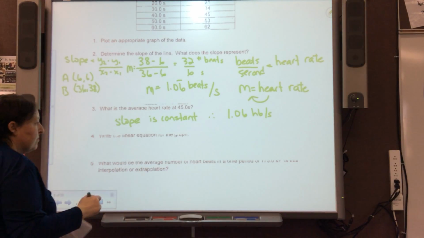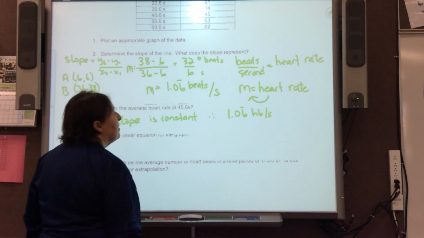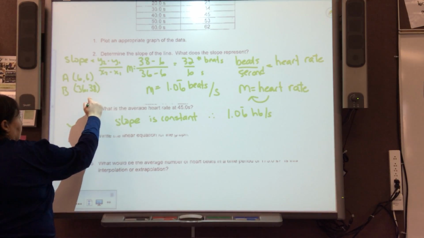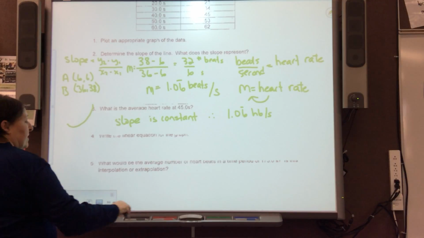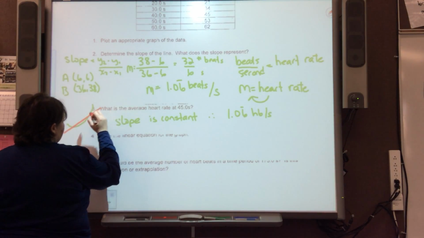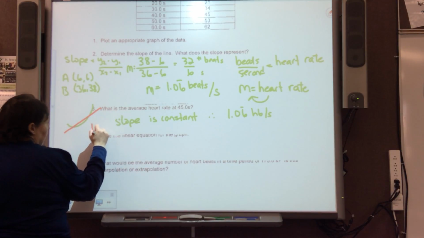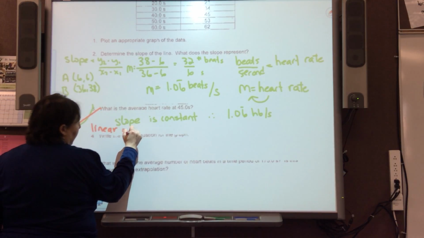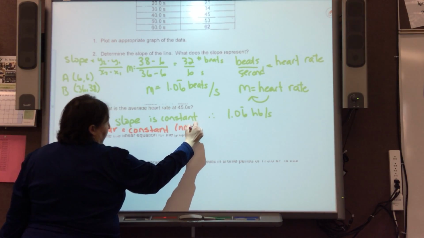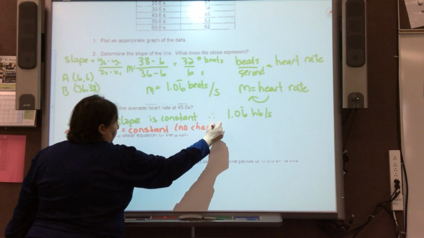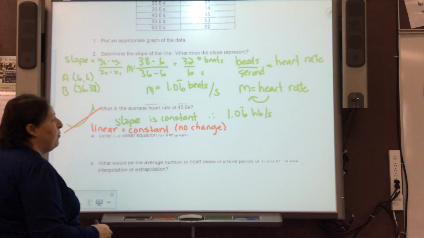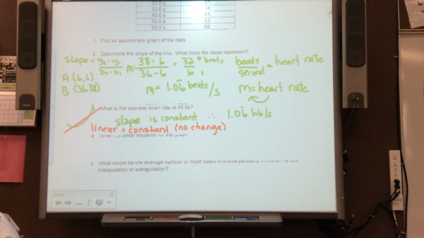Or 1.07, if you want to round it up. Okay? If our line went like this, we'd have to do something different. But it doesn't. We have a linear line, which means that it's never changing. Which means that it's 1.07 heartbeats at 1 second and it's 1.07 heartbeats at 45 seconds.